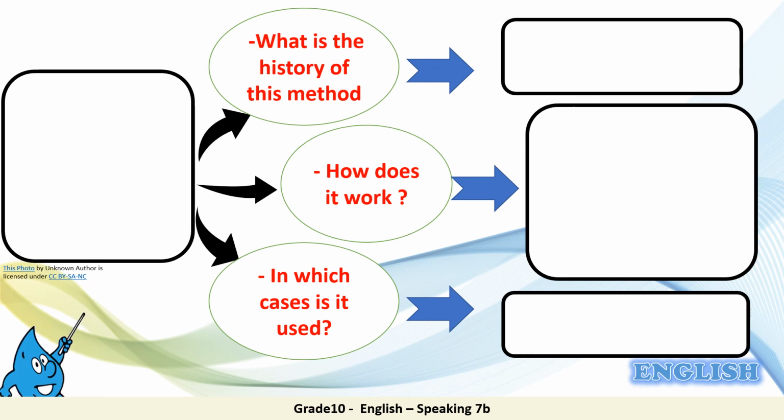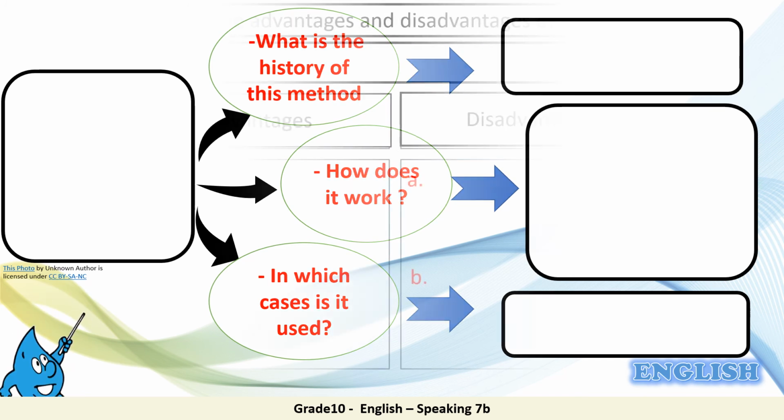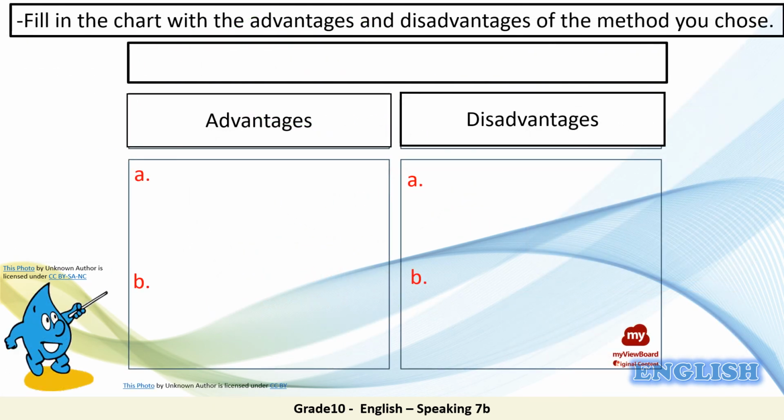This is the graphic organizer we used earlier. Use it yourself for the information you collected about the method that you chose. The same thing you can do with the T-chart below, my students. Use it to classify the advantages and the disadvantages of the method you are working on.